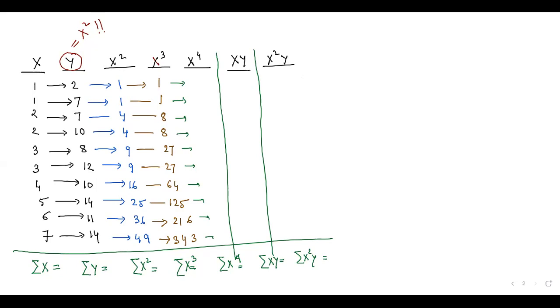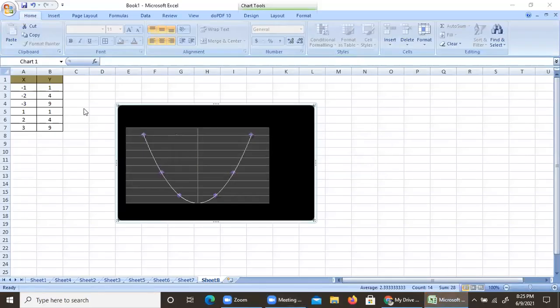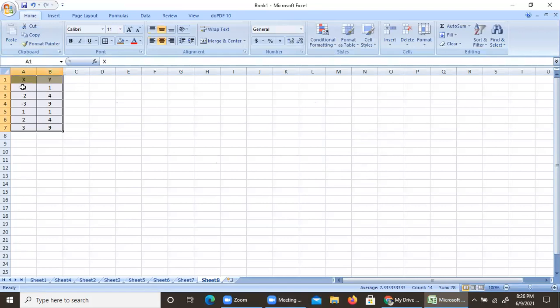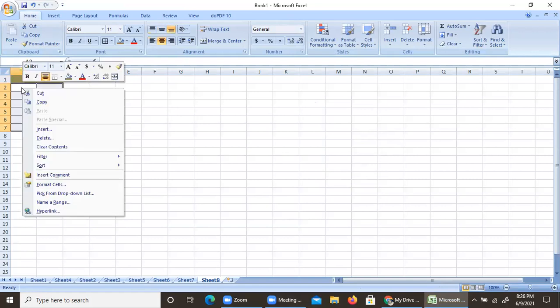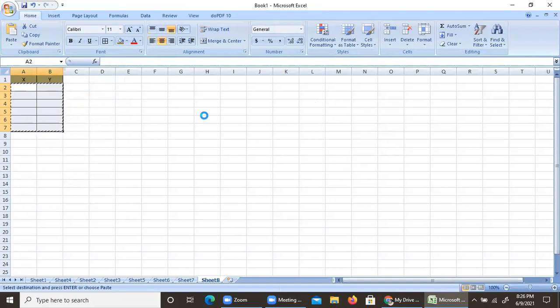I'm going to stop the share and get back to the Excel sheet to look at the sort of curve shown by the given set. Let us give this data as input.